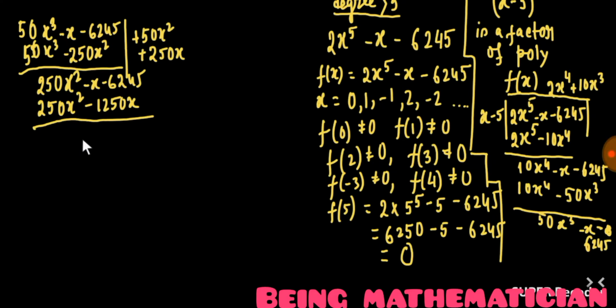Now subtracting, and now we get 1249x minus 6245. So obviously we write 1249, and 1249 into x minus 5 is 1249x minus 6245.